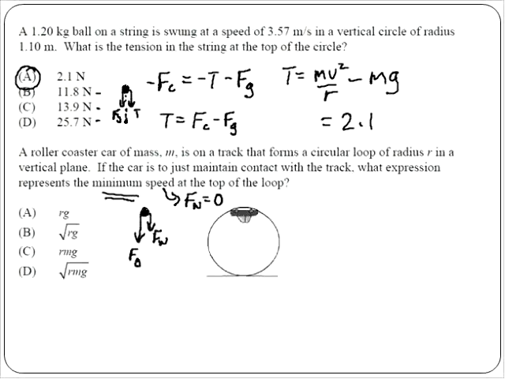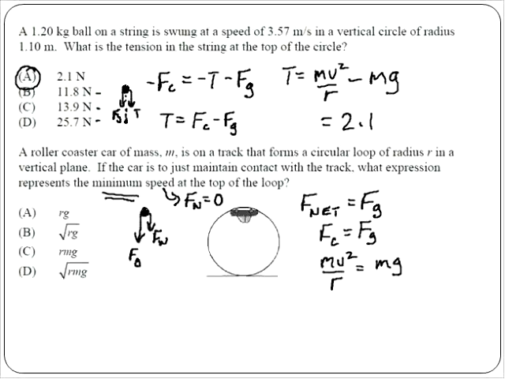So my expression, that's the same thing as tension, really, right? So my expression ends up being F net is only equal to Fg. The Fn is gone. I don't need it anymore. So Fc equals Fg, which means mv squared over r equals m times g.